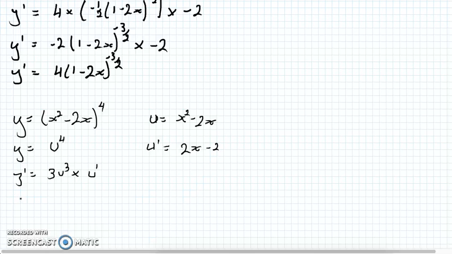And then we can just go through, substitute back in for u and u dash, and we'll end up with our derivative. So 4 times x squared minus 2x to the power of 3, multiplied by 2x minus 2. And that is just our basis of the chain rule.